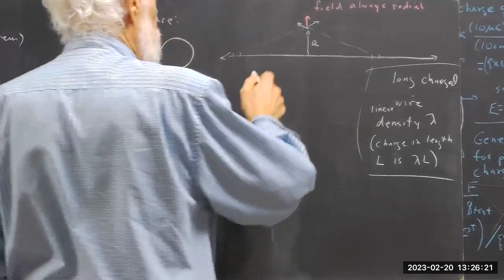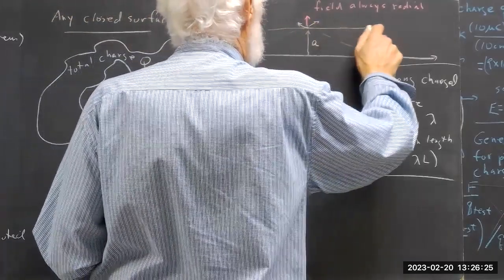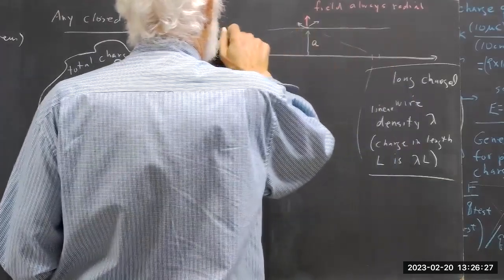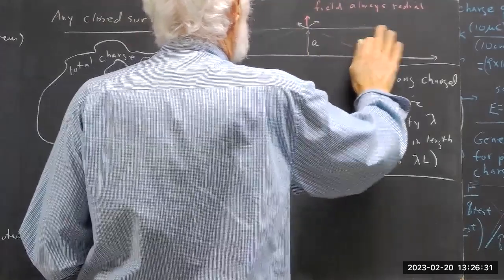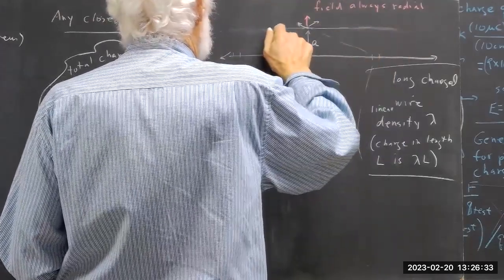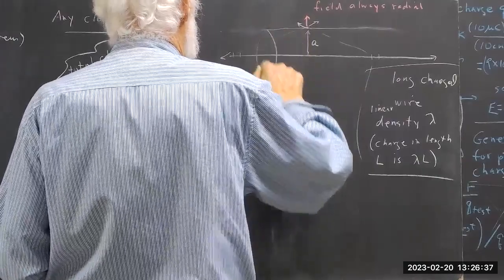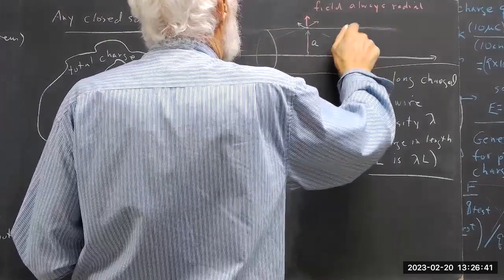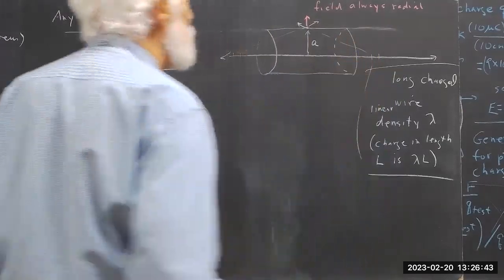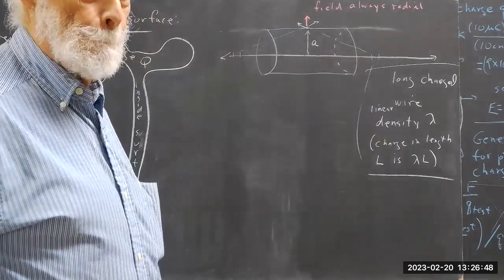And now what we're going to do is we're going to put a cylinder around this wire. Let's do a cylinder around any segment of this field.